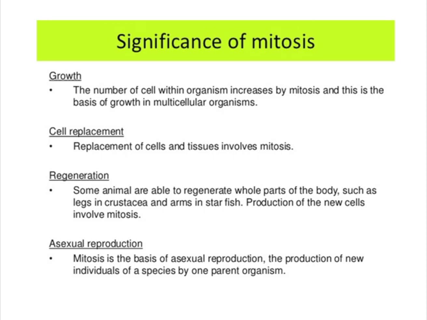Then cell replacement: replacement of cells and tissues involves mitosis. What is regeneration? Some animals are able to regenerate whole parts of the body, such as legs in crustacea and arms in starfish. Production of the new cells involves mitosis.